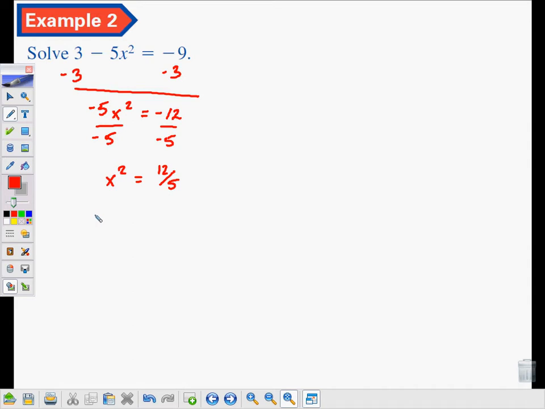That means that x could be a positive square root of 12 fifths or a negative square root of 12 fifths. Because either one of those, if I were to square them, when I put them back in for x, would come out to a positive 12 fifths.